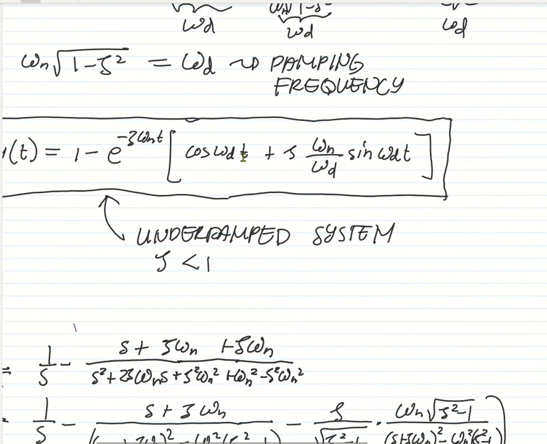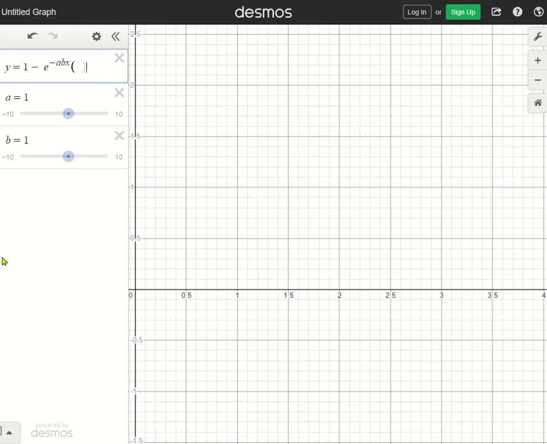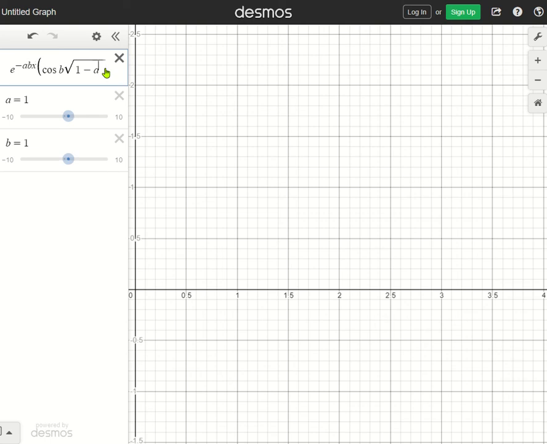Here we have cosine of omega d t. So cosine of omega d, and that's just equal to omega n, our omega n is b, multiplied with the square root of 1 minus zeta, or a, squared. Then you multiply this with t, or x.